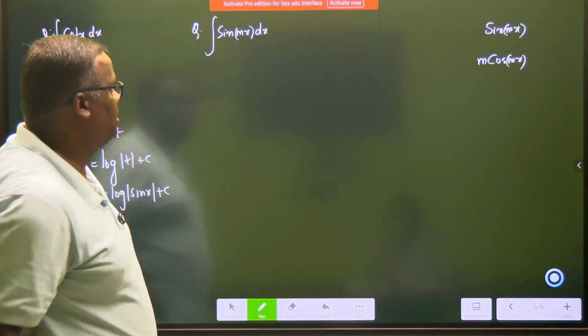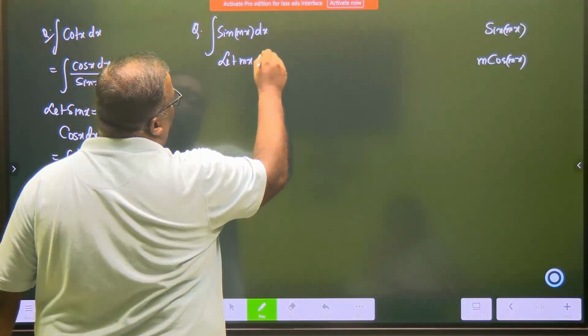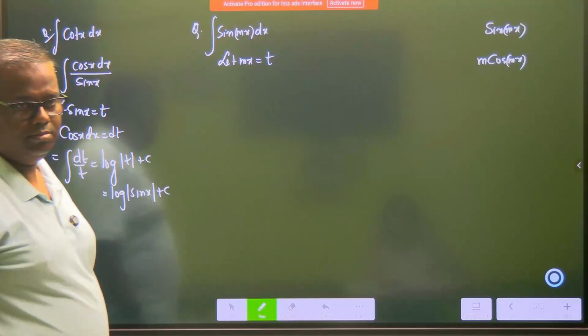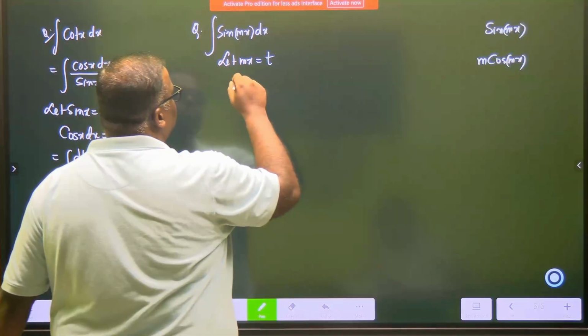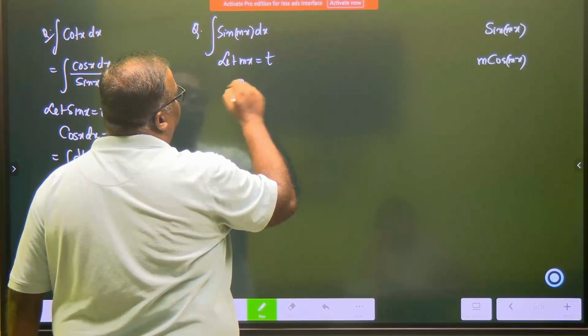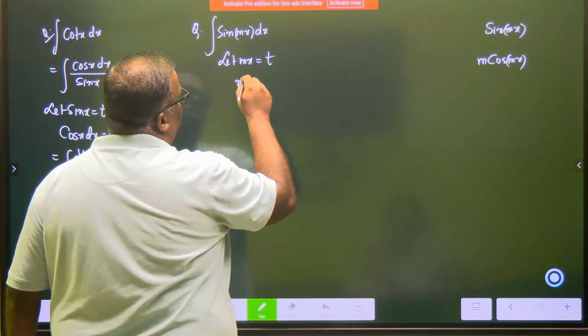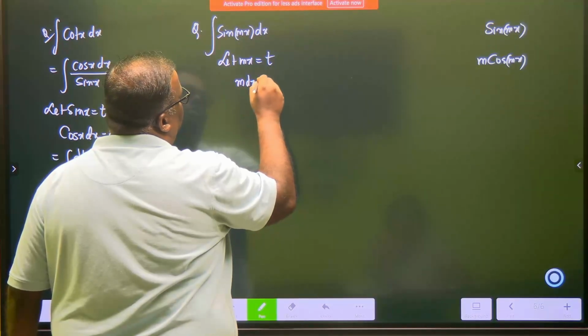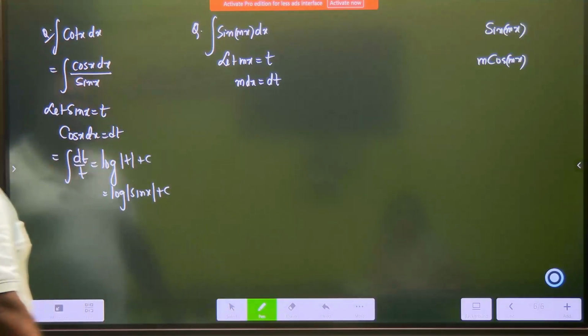But let's see this. So let's say we take, let mx be equal to t. Right? Differentiate this. So you get m dx is equal to dt.